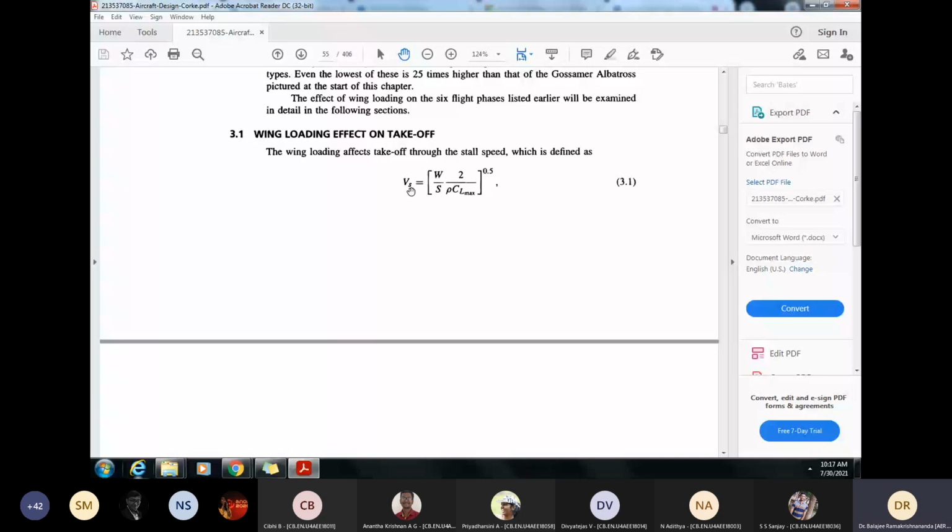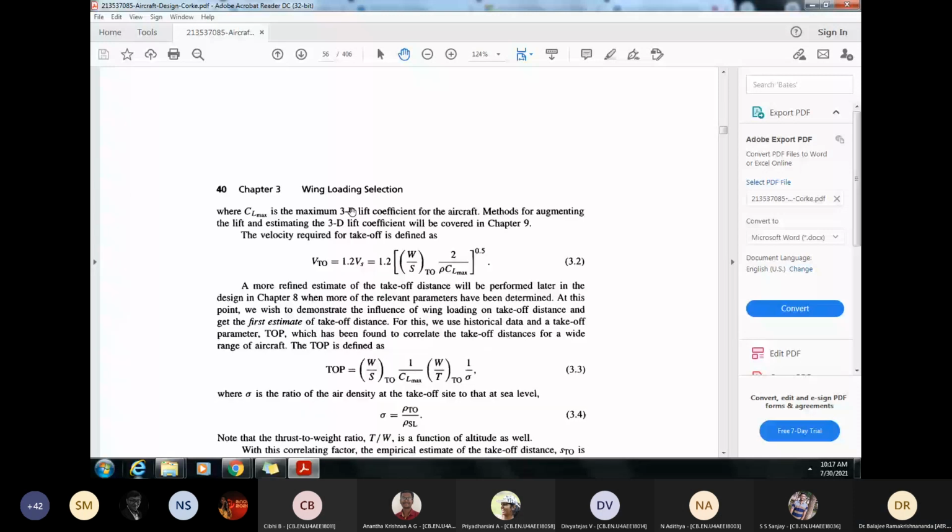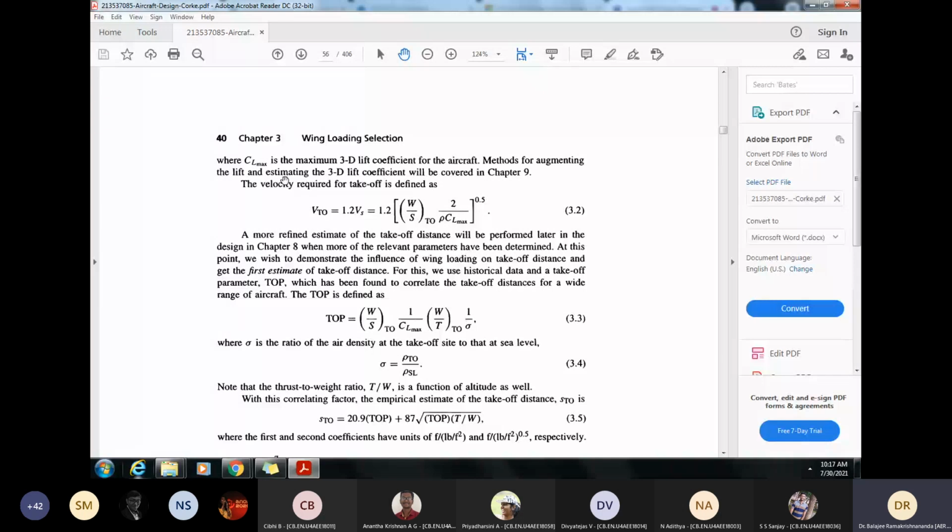So CL max is the maximum 3D lift coefficient for the aircraft. Later we look at methods which actually increase the CL max. Chapter 9, very long way down the road, covers high lift devices. There we look at how to achieve the CL max and how to actually estimate the 3D lift.